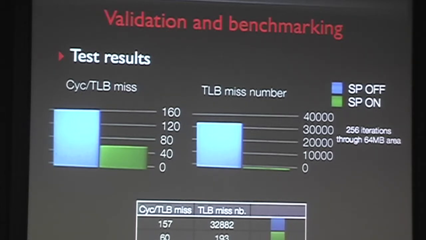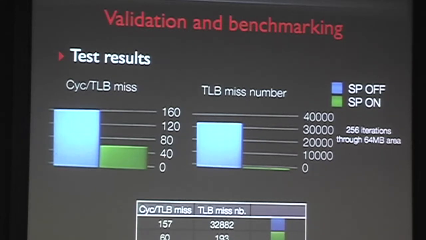And on the second test, I tried to make 256 iterations through a 64 megabyte area, so that TLB thrashing would have a significant influence, and we can see that more or less the results are as expected.